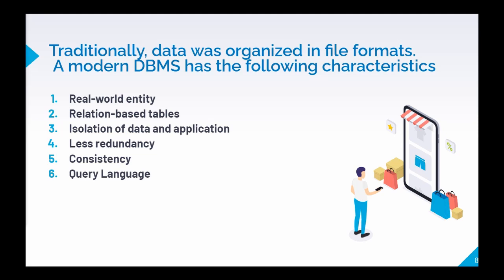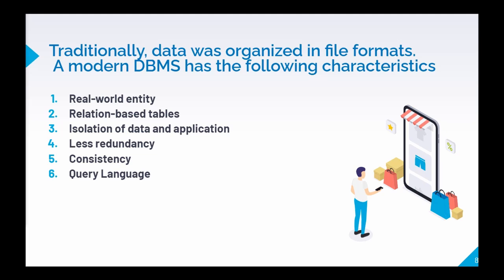DBMS also stores metadata, which is data about data, to ease its own process. When we say metadata, you are referring to some sort of definition for that particular data, parang dictionary. You have a particular data, and then you have the definition of that data. That is what we call metadata.